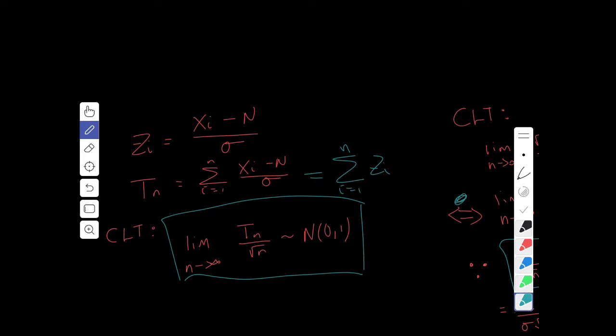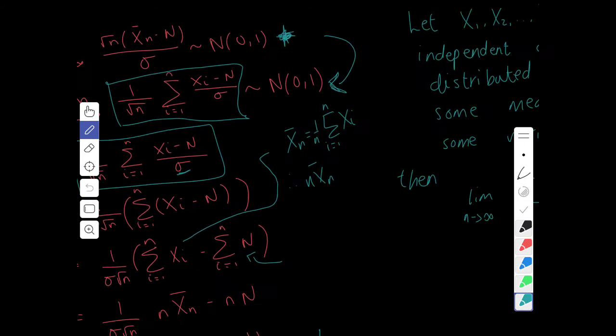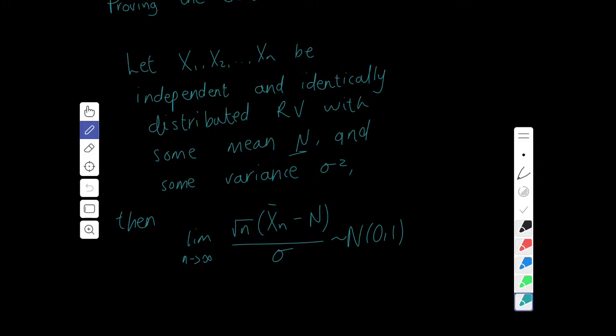Okay, so that's the second level of tips and tricks. The third level, before we get to the proof, is looking at the expected value of Zi. Using the definition of Zi, it's E of Xi minus mu over sigma. 1 over sigma comes out, and we're just left with E of Xi minus mu. Using linearity of E, we can take all of those expectations separately. Remember that Xi is some random variable with a mean mu.